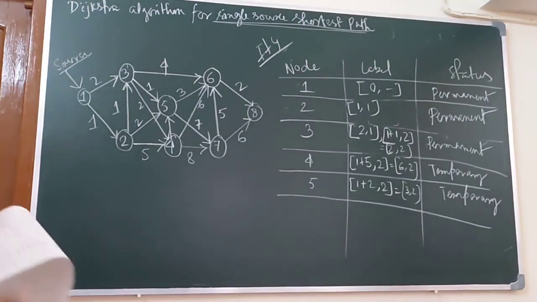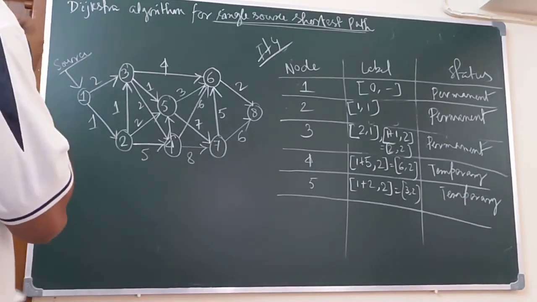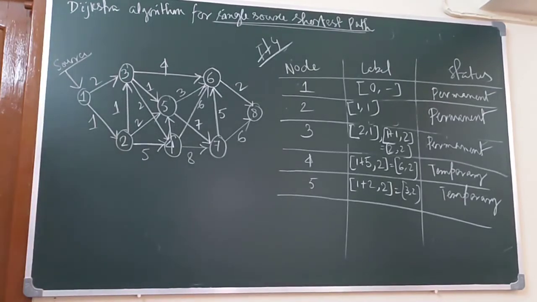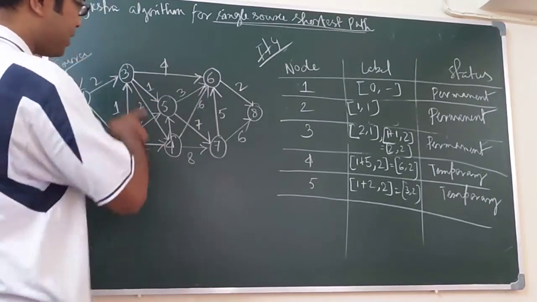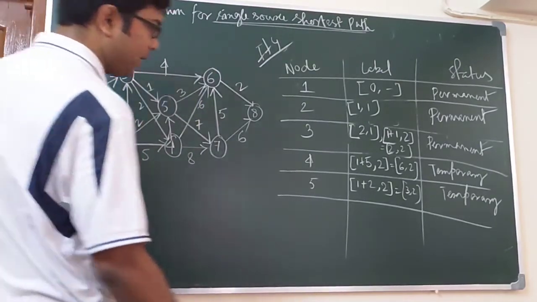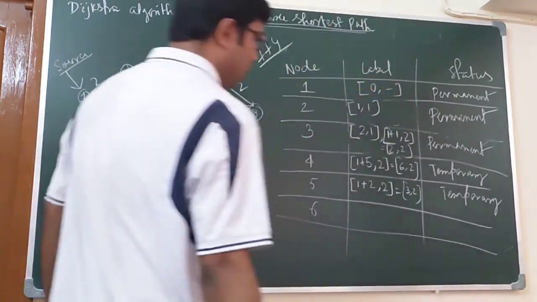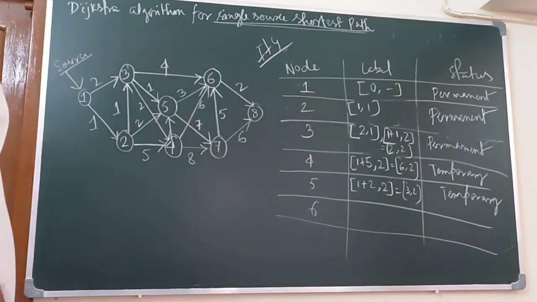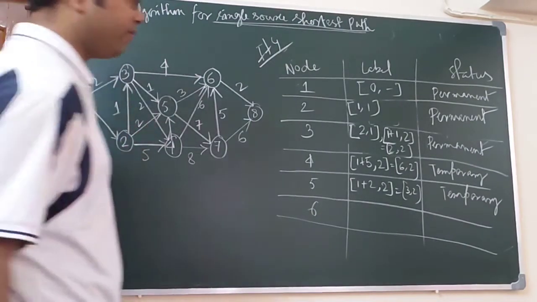So in iteration 4, node 6 also can be accessed from node 3. That's why we have to introduce node 6. Node 6. So what will be the value of node 6? Node 3 has 2 level value.